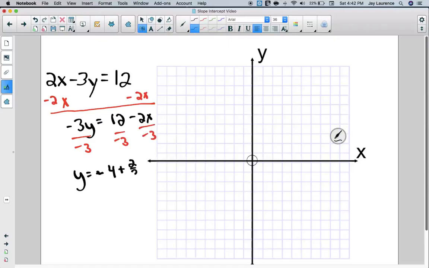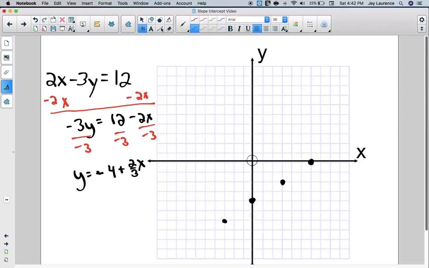plus 2/3 x. So I'm going to go to negative 4 on the y-axis, 1, 2, 3, 4, and then rise 1, 2, run 1, 2, 3. If I want to go the other direction, I can always go down 2 and left 1, 2, 3.